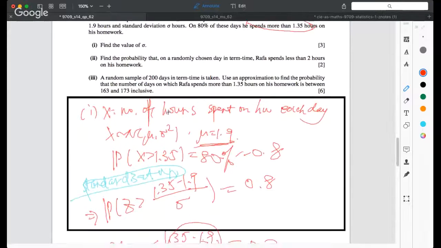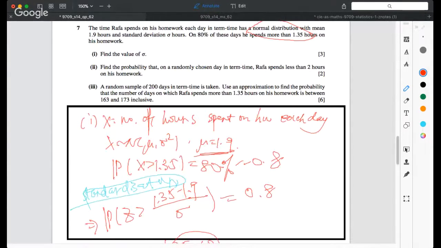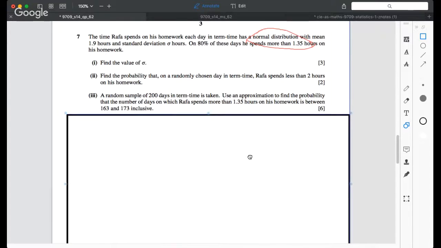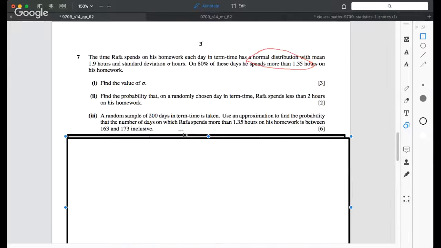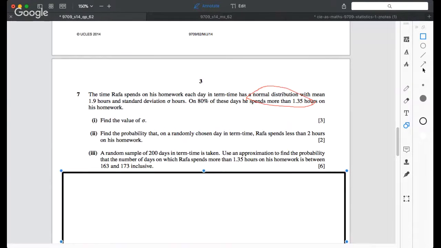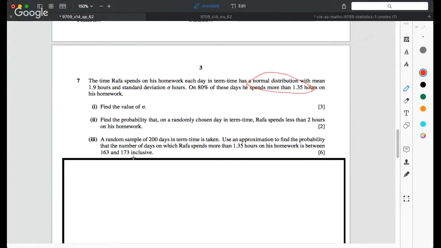Okay, now we are looking at the second part. Find the probability that on a randomly chosen day in term time, Rafa spends less than 2 hours on his homework. So it's just the probability of x less than 2, right?